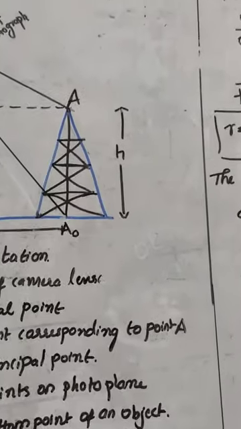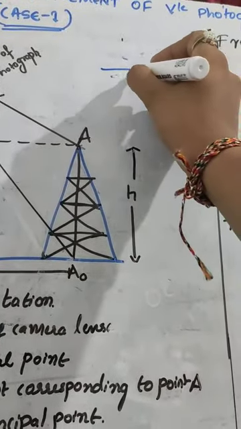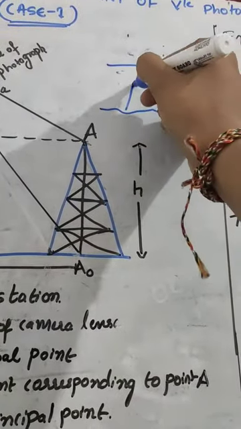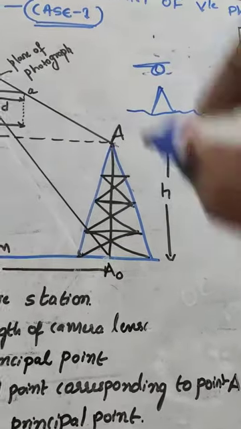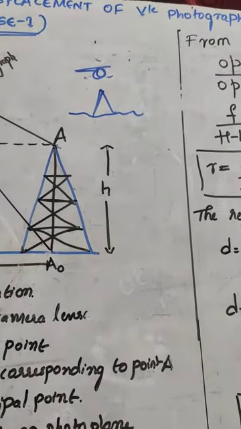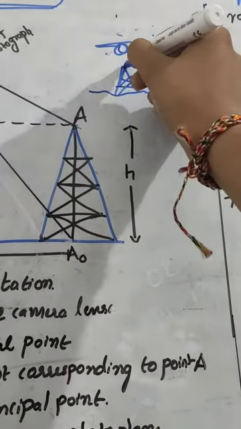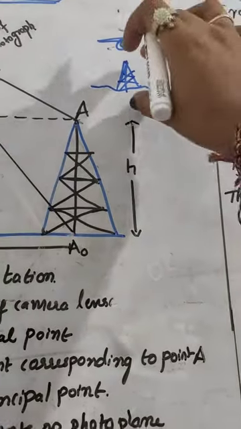Okay, so for example, let us consider a plane here. This is a lens and this is the object it is focusing. If the plane is exactly above the object, let us consider this object as a tower.